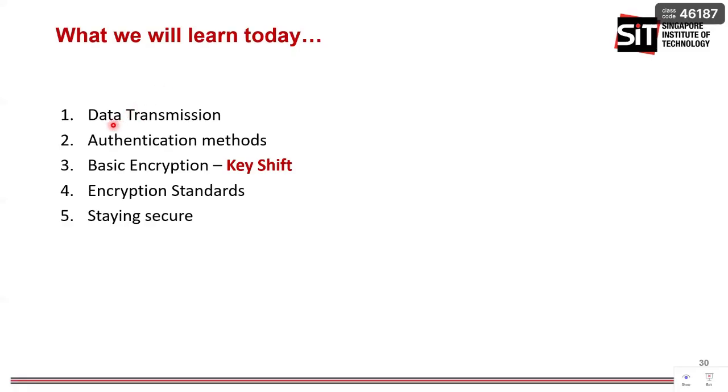On security, we will look at how data are transmitted, followed by how we can perform authentication. How do we know we are the right person to gain access and so on? After which we will look at some basic encryption. This hopefully will be fun for all of you to try out, how you can encrypt messages and so on.